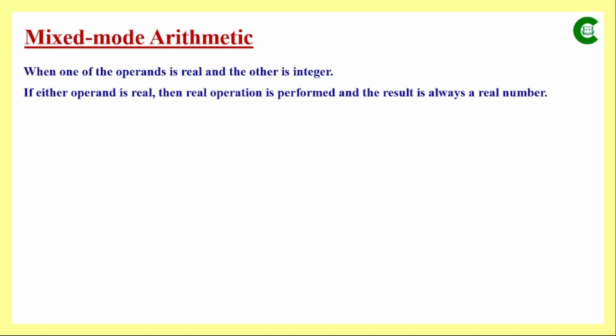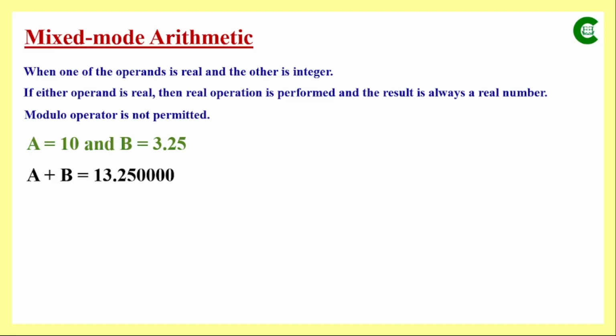Since in mixed mode arithmetic at least one of the operands will be real, the modulo operator again is not permitted in this case. And this is an example where we are taking one of the operands as integer and the other operand as float or real, and this is the result of their addition, subtraction, and here we are changing the values.